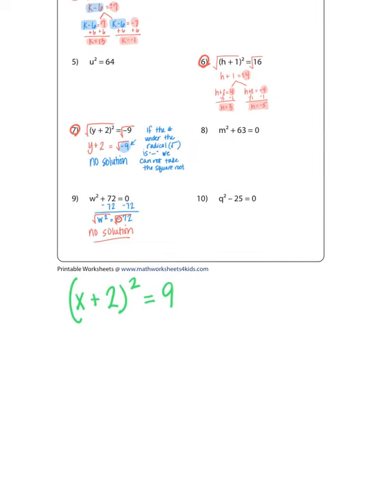Okay, and then let's do one more. x minus 5 squared equals 100. So do those 2 problems just for practice reasons.